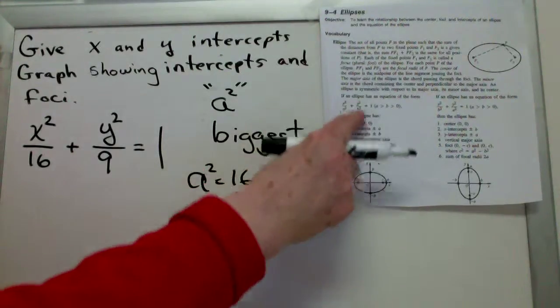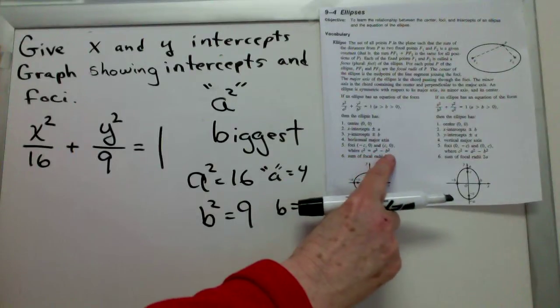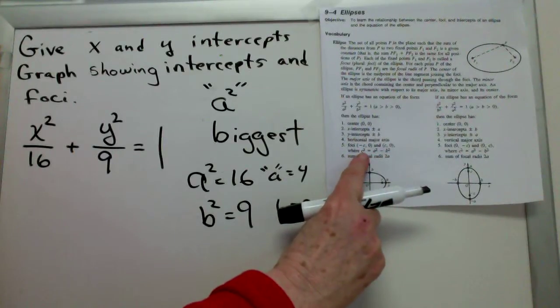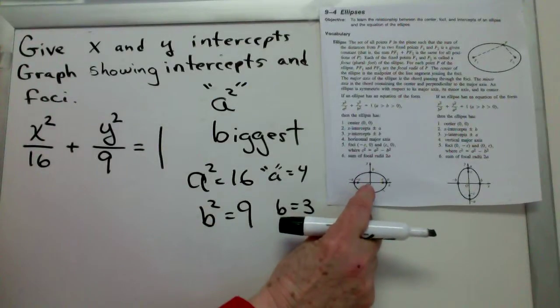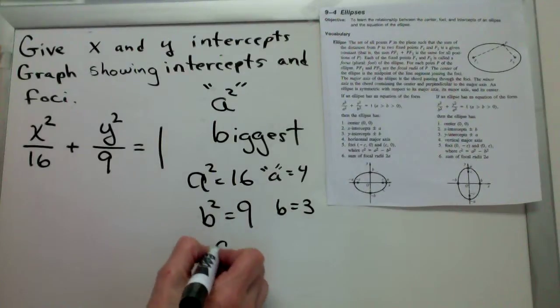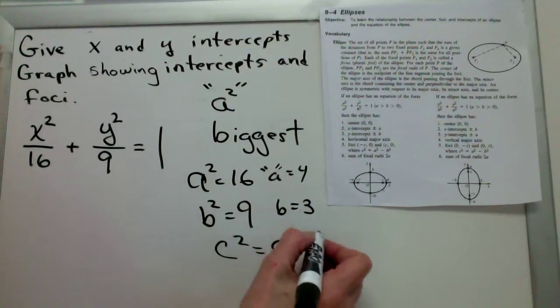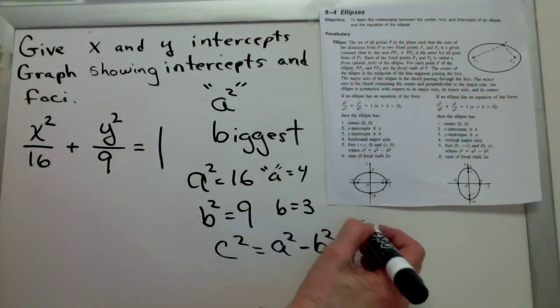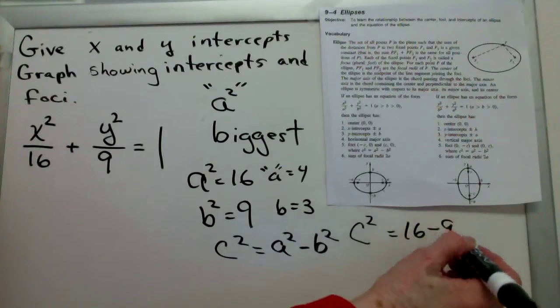And then on your note sheet there's an equation that helps you find the c, which we need when we identify the foci. So the equation is c squared equals a squared minus b squared. So in this case, c squared equals 16 minus 9.